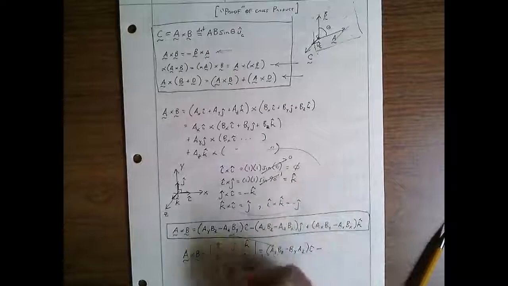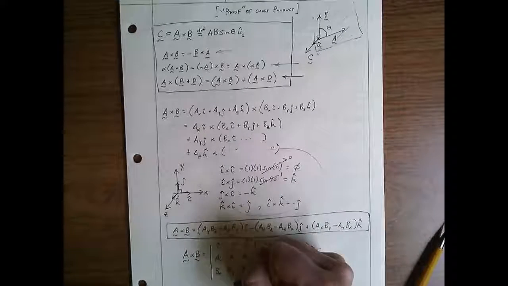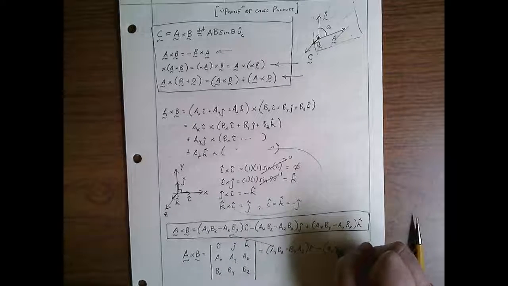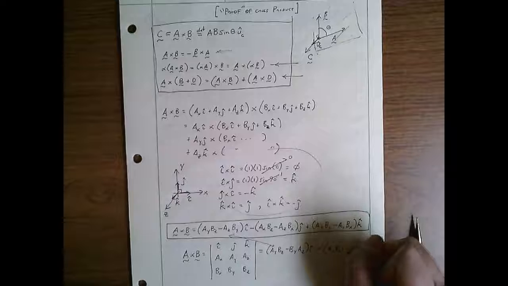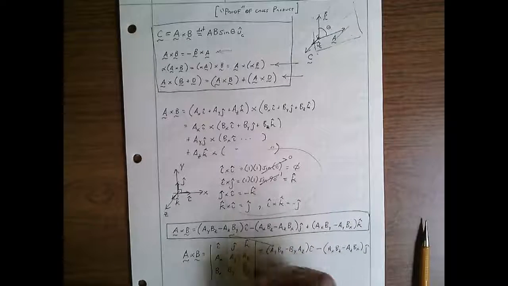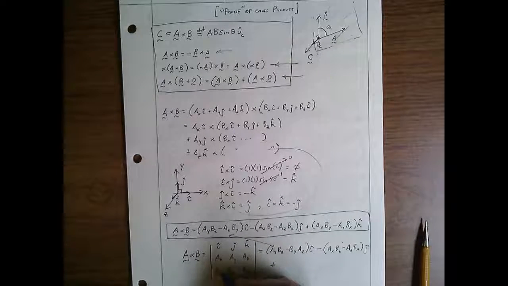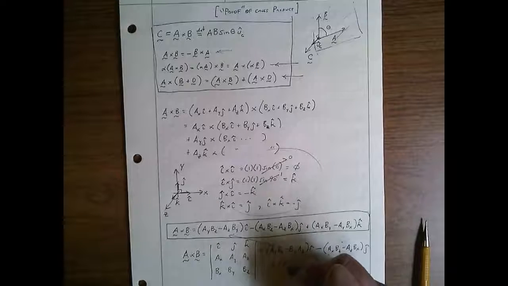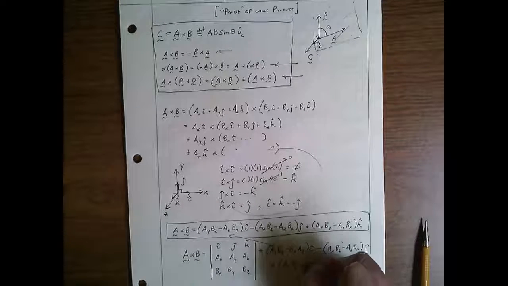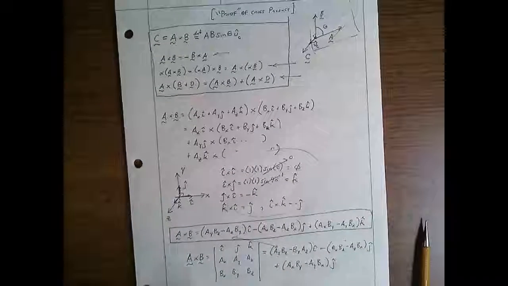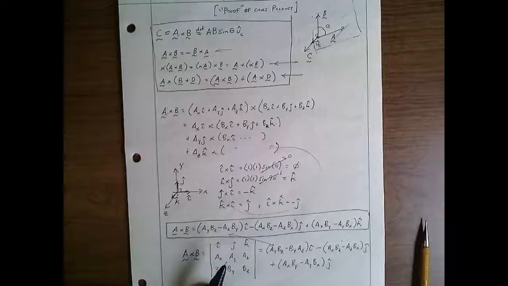Minus, now for J, those knock out: minus AXBZ minus AZBX, J hat. Plus, so those terms match up. For K, AXBY minus BXAY, AXBY minus AYBX, K hat.